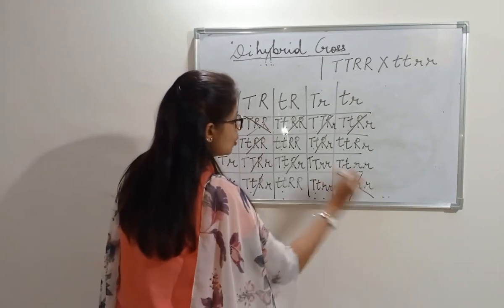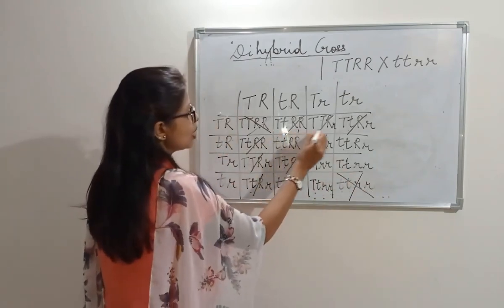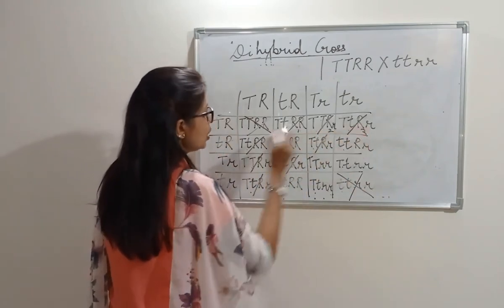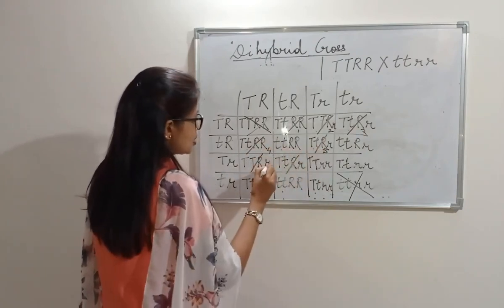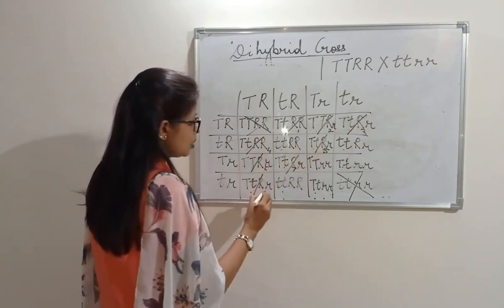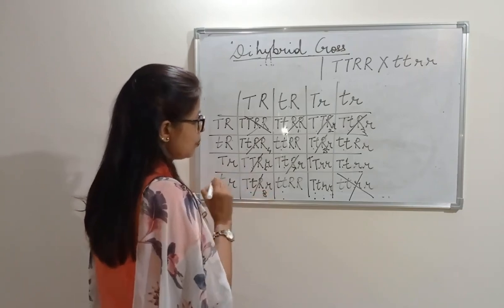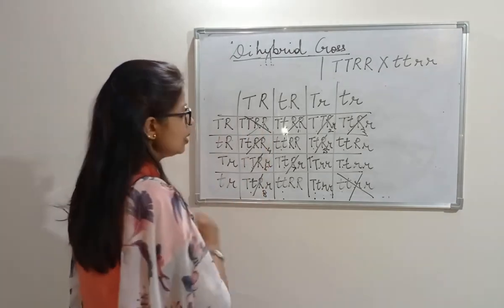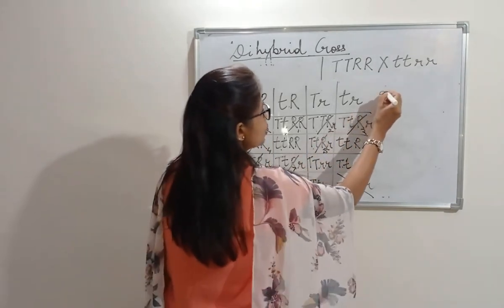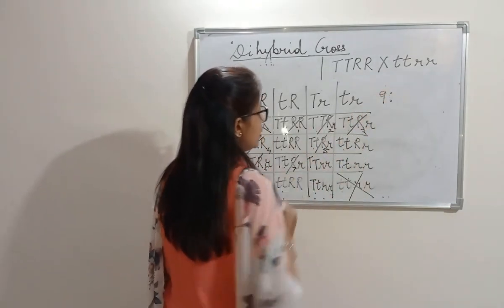They are pure. Then we have 1, 2, 3, 4, 5, 6, 7, 8. Tall and this one 9. So the ratio comes as 9.